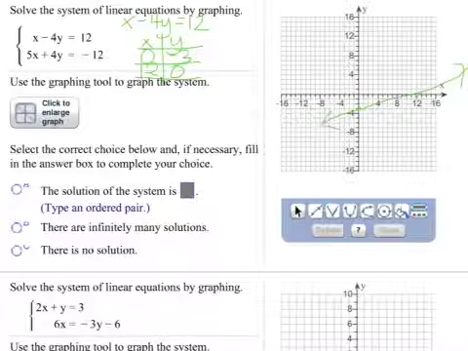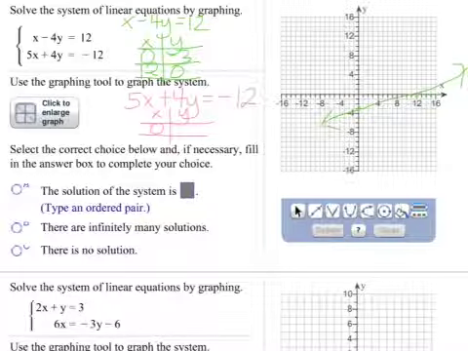Now I'm going to try the same thing on the second equation. So on the second equation, if I substitute 0 for x, that's going to get rid of my x's, because 5 times 0 is 0. And then 4 times something is going to be negative 12, and that's got to be negative 3. So 0, negative 3, again, is a point on this line.